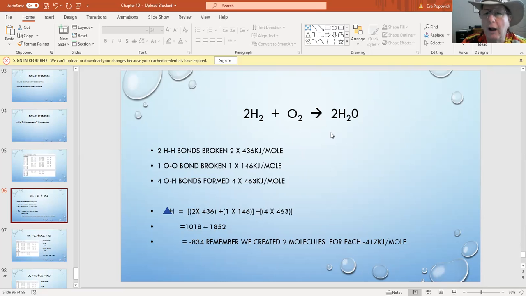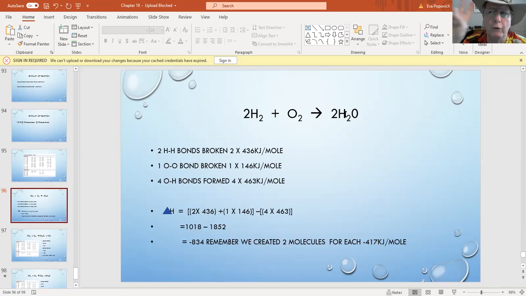Now I got to figure out what I'm making here. In 1 H2O molecule, how many H-O bonds am I forming? 2. How many molecules do I have? 2.